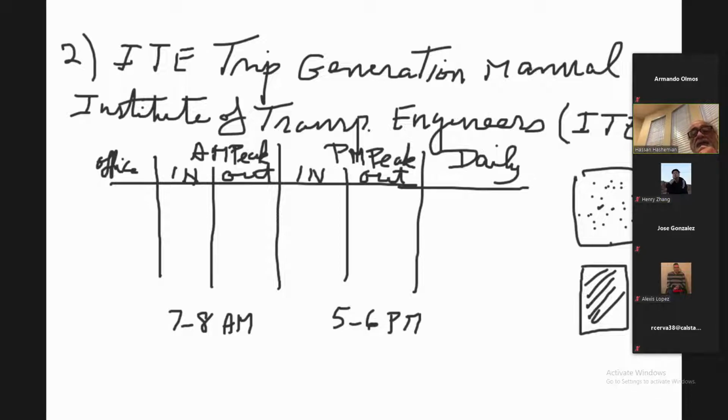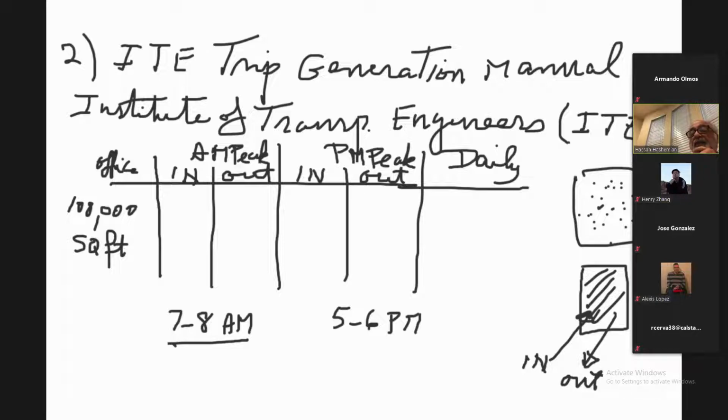So if I go to an office building, let's say with 100,000 square feet, they give me how many are going in between 7 and 8 a.m., which we call inbound, and how many are coming out of that building between 7 and 8. So that's the inbound and outbound.